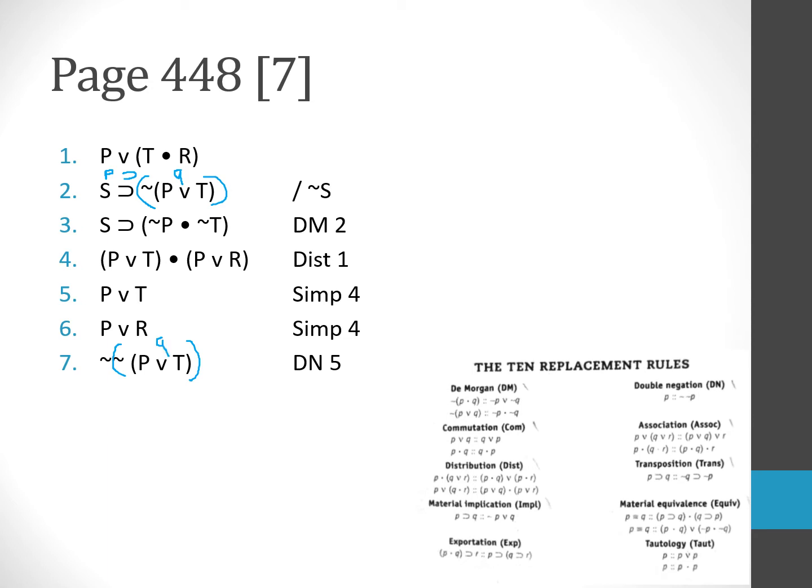So this second negation makes it not Q, which is exactly what we need for modus tollens. So that means in 8, I'd be allowed to bring down my not P, which is going to be the negation of S. And boom, that's what we do.